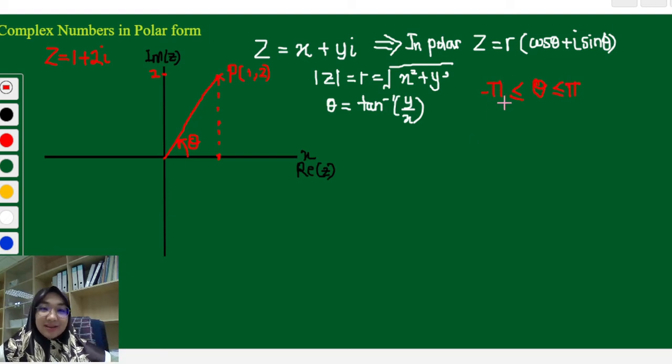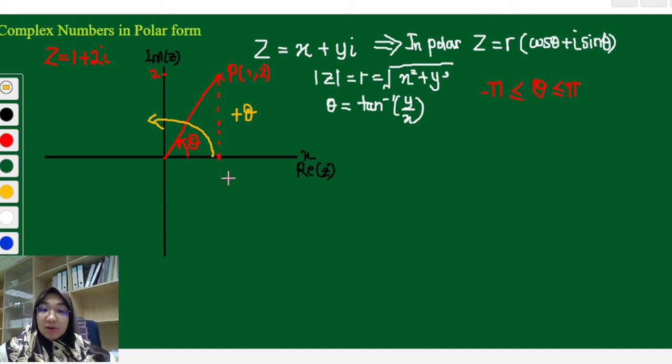Okay, sekarang ni kalau kita belajar kan dulu, masa zaman sekolah kita belajar, kita akan baca theta ni dari mana? Dari first quadrant, x-axis on the first quadrant. Kita akan baca apa tu kita panggil anti-clockwise. So bila you read it anti-clockwise, the theta will be positive theta.